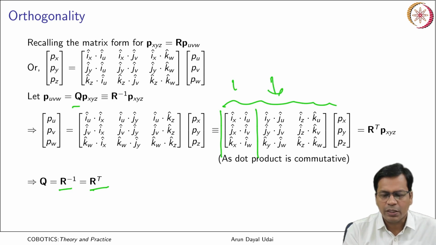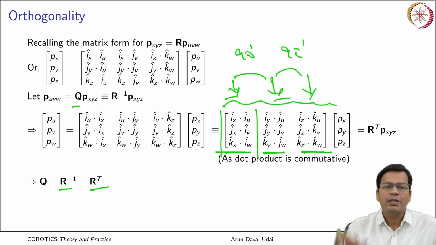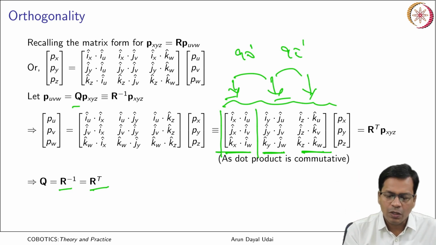Moreover, the next to next rows, the angle between them is 90 degrees. So, all the consecutive rows are orthogonal also. This is orthogonal to this, this is orthogonal to this, and this is orthogonal to this. So, one by one they are all orthogonal to each other and each column is a unit vector.